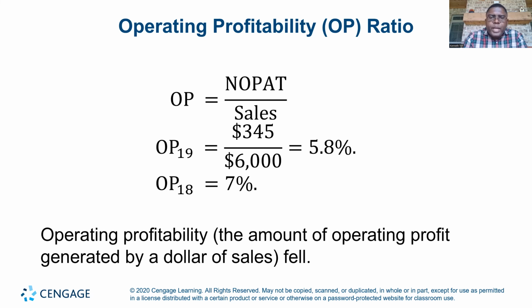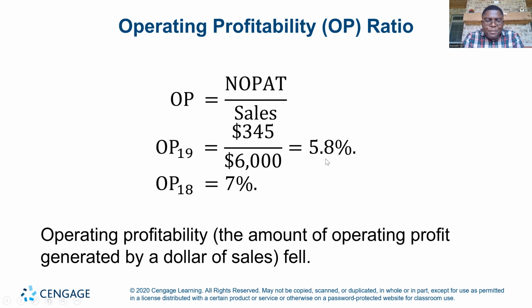So for 2019, we had computed net operating profit after taxes in our calculation of free cash flow. We're at 345 million. We divide that by sales, so we end up with an operating profit of 5.8%.